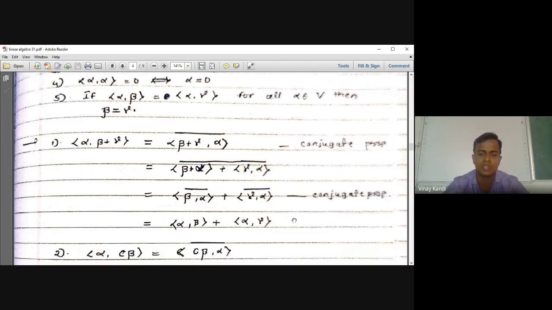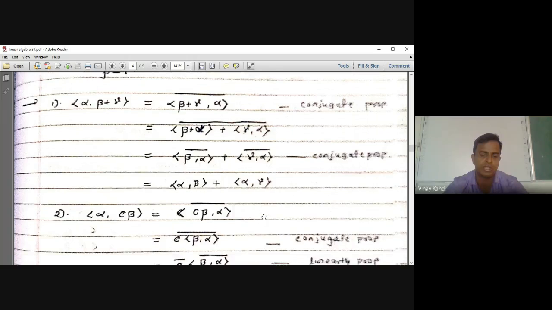Then by conjugate property, we can write like this: inner product of beta alpha bar is nothing but inner product of alpha beta, and inner product of gamma alpha bar is equal to inner product of alpha gamma. Hence, the first statement holds.